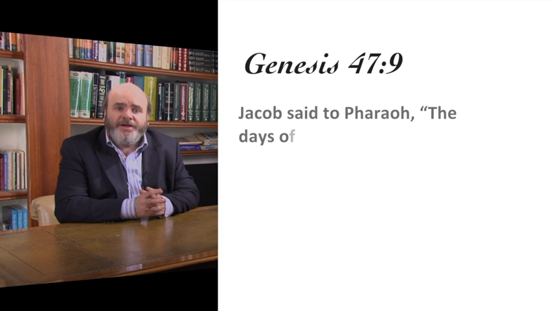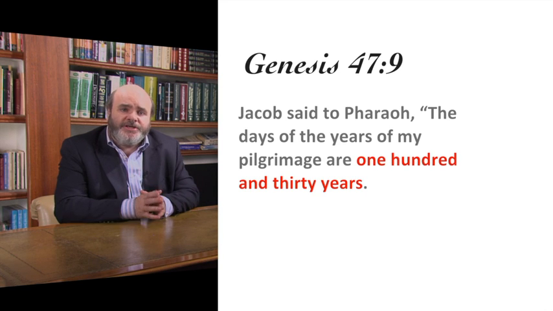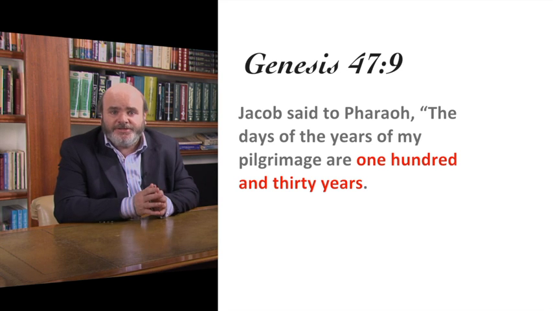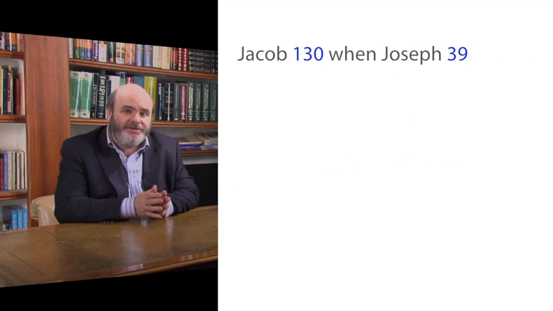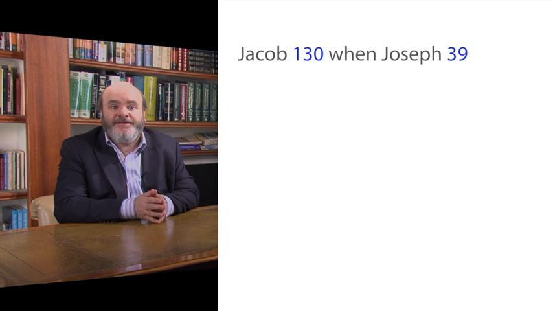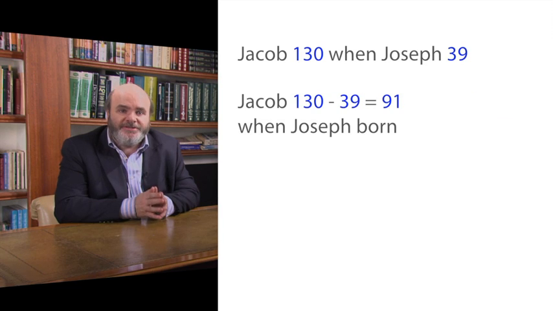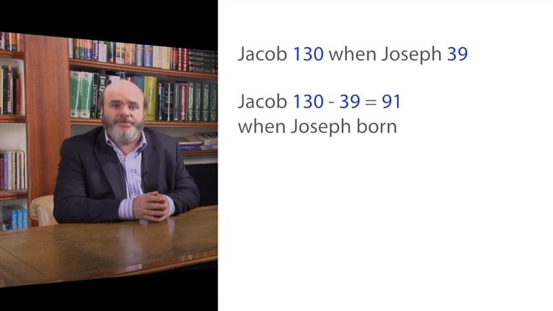When Jacob arrived, it says that Jacob said to Pharaoh, "The days of the years of my pilgrimage are 130 years." That's Genesis 47:9. So Jacob was 130 when his son Joseph was 39. Therefore, by subtracting those numbers, 130 minus 39 is 91. Therefore, Jacob was 91 when Joseph was born.